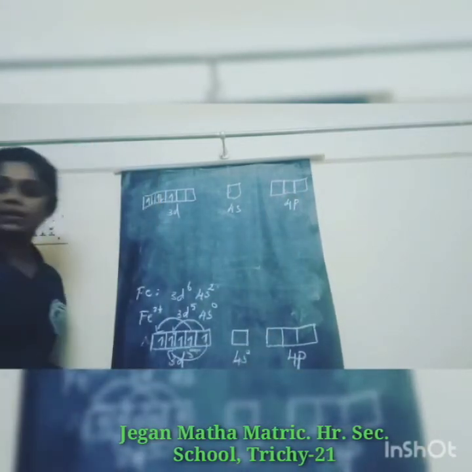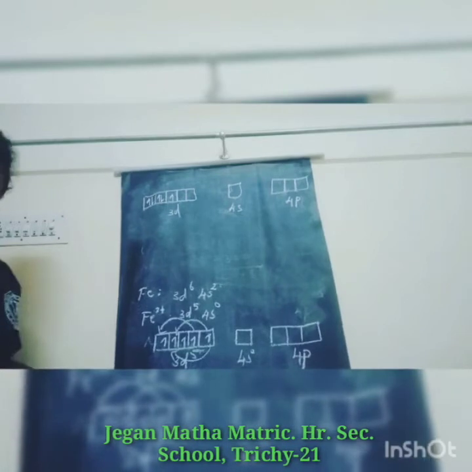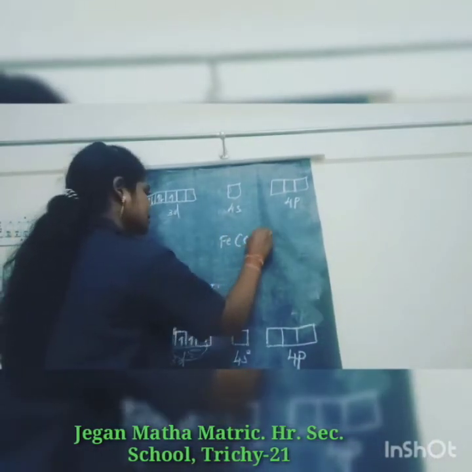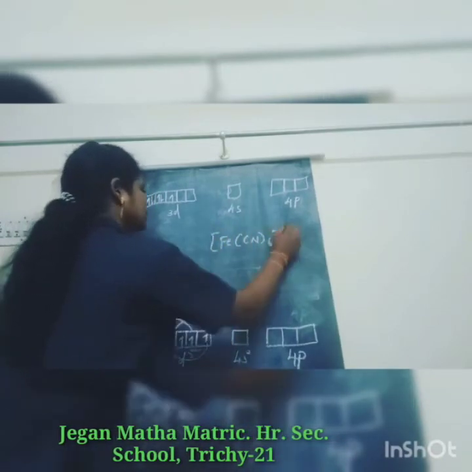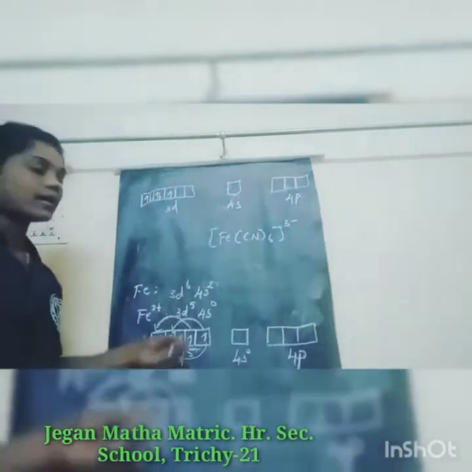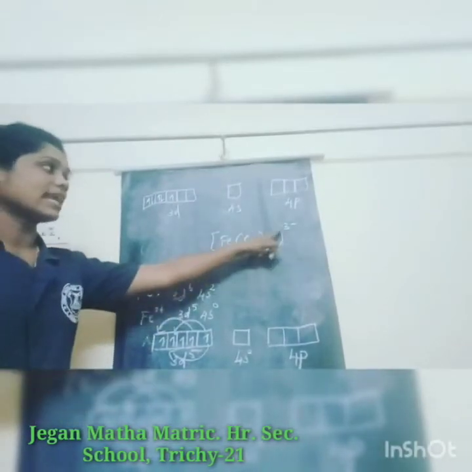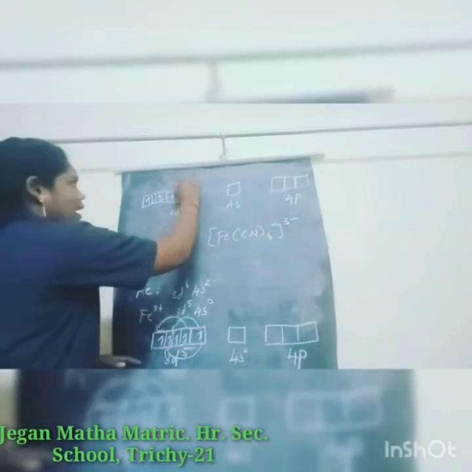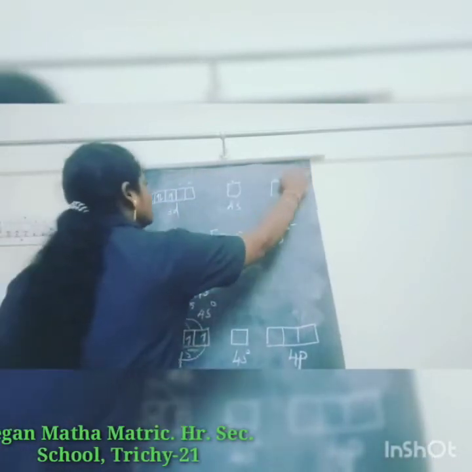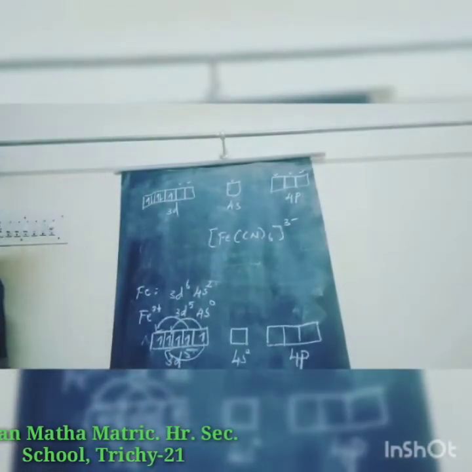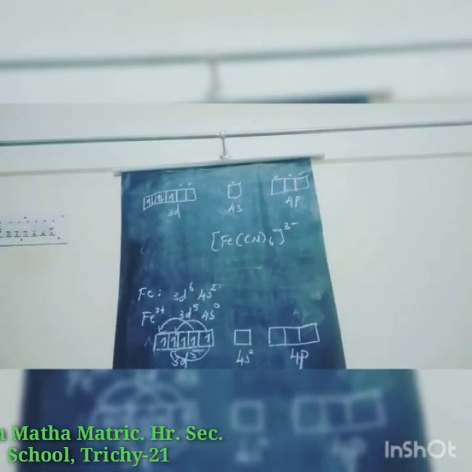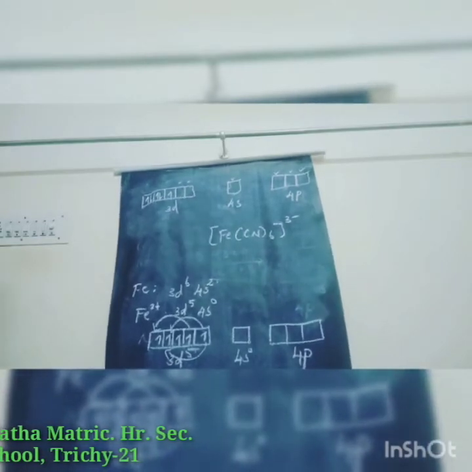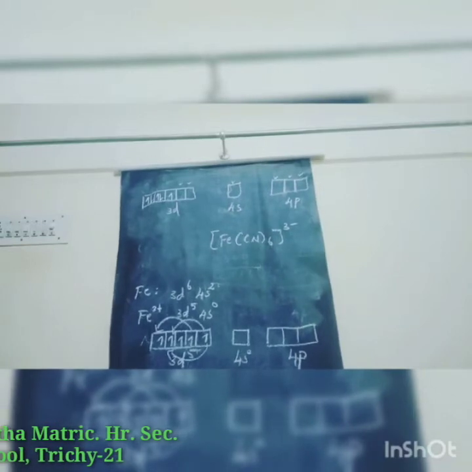So the complex is [Fe(CN)6]3-. Cyanide is present 6 times, so 6 ligands are present: 1, 2, 3, 4, 5, 6. What is the purpose of cyanide here? The cyanide ligand makes bonds by giving lone pairs of electrons.